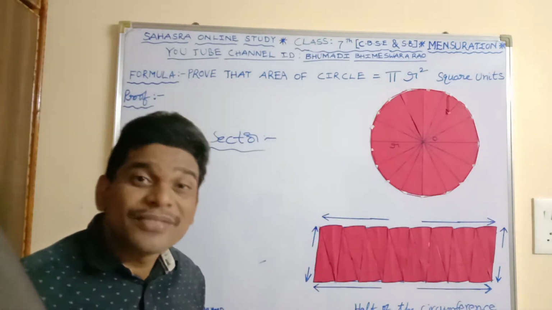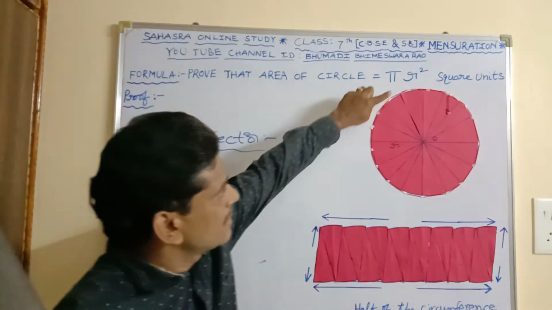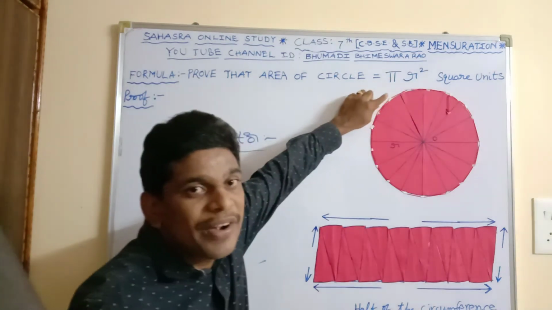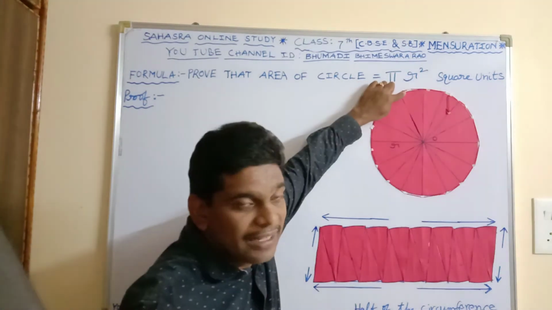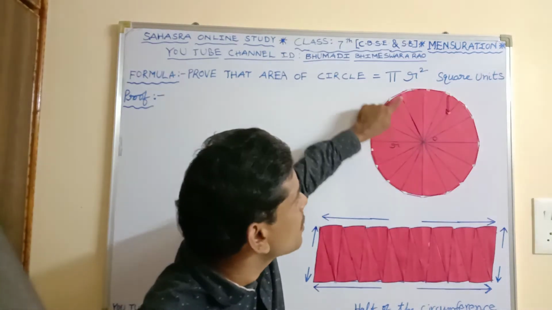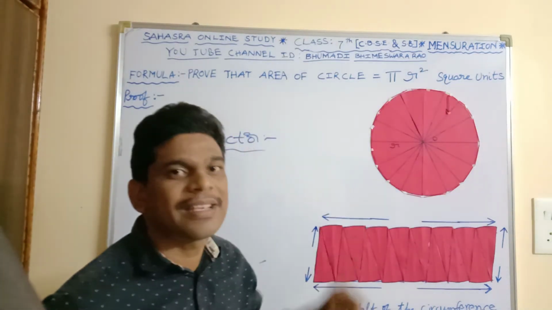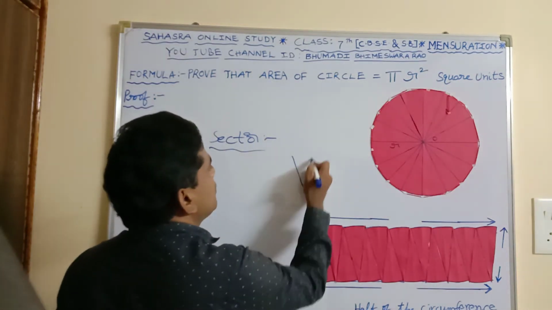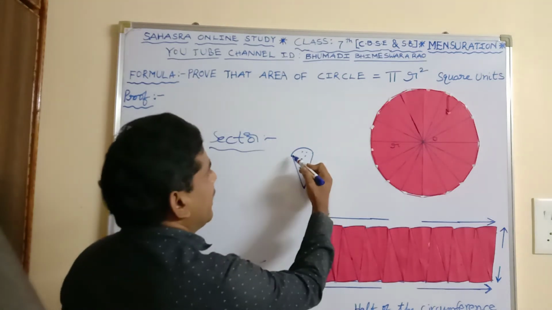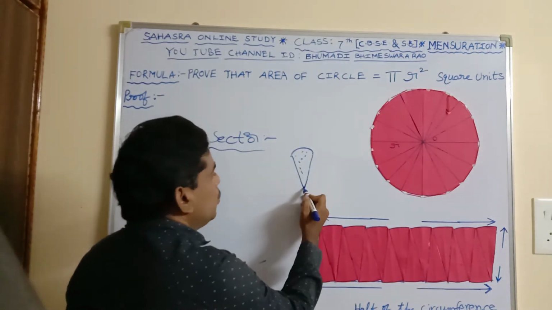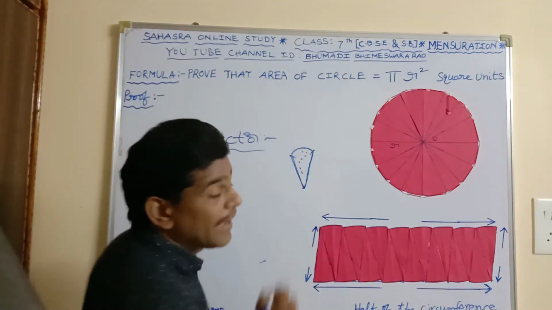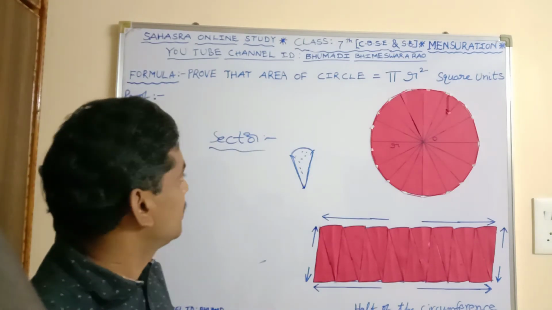What is the definition of a sector? A sector is the region bounded by an arc of the circle and two radii joining the center to the two end points of the arc. See, this is a sector.